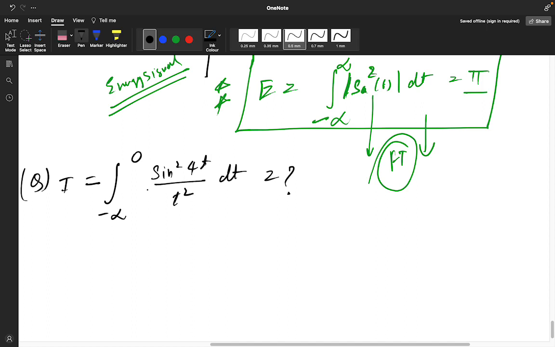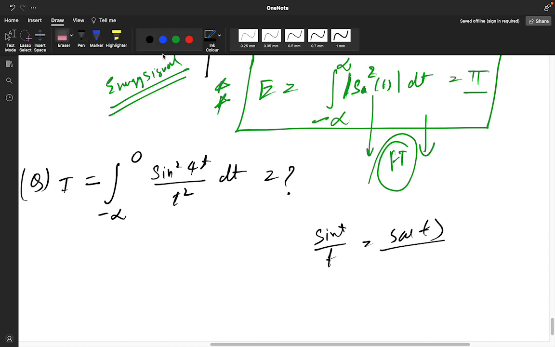This is just like your sampling function, but in the sampling function we have minus infinite to infinite. You know sine t divided by t is your sampling function, but here 4t is there and here t square is there, so I am doing 16.